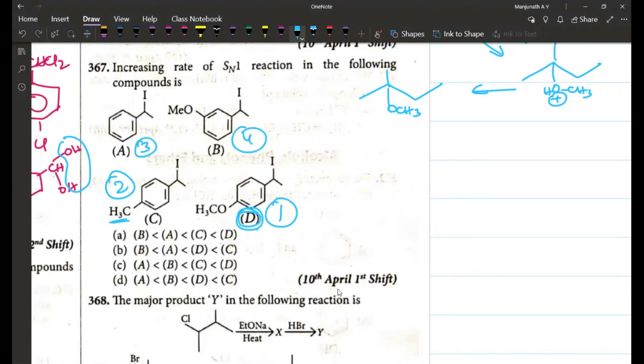Last is this one. Can you tell me why this is last? So meta position and minus effect. Yes, good. OMe cannot offer plus R at meta, but it will offer minus I. So it is last. Which is the option? BCAB. Option A. Any doubt? No, sir. Let's move ahead.